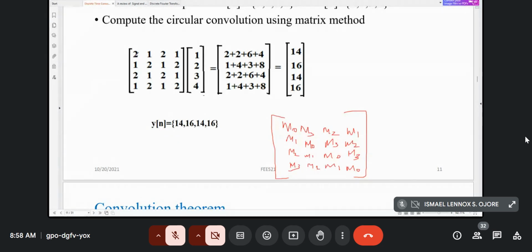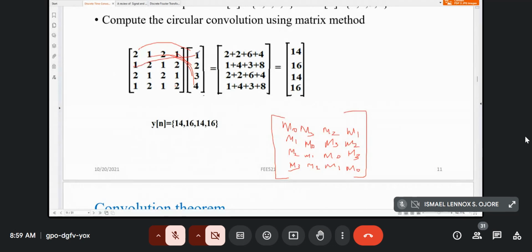So here we are. This is 2, 1, 2, 1, repeated in each row, and we multiply with this. So let's multiply out. This is 2 plus 2 plus 6 plus 4, that's 14.